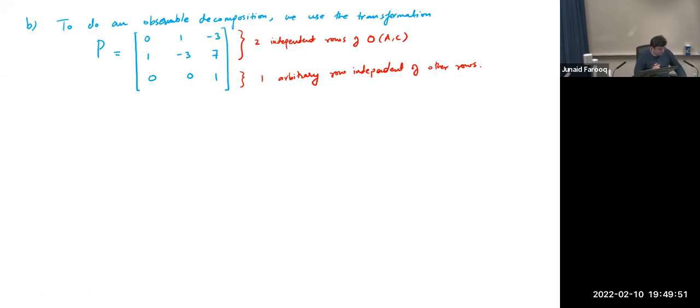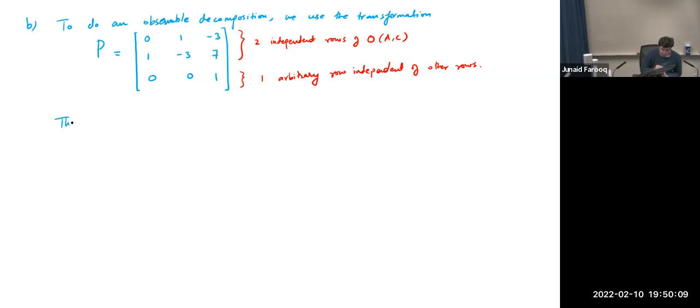So if I use this matrix P, then I can convert my system to a decomposed form, which will reveal the observable and unobservable parts.